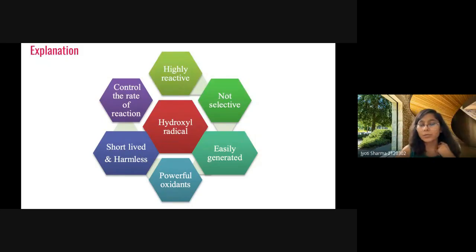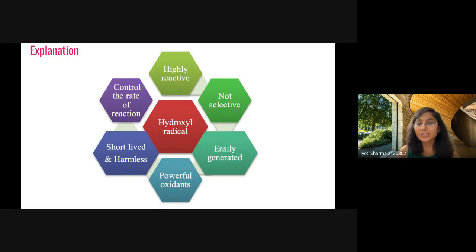So the thing is, why are we using this hydroxyl radical only? Why are we not using other different things? It is highly reactive. So whatever compound we have in the water can be degraded very fast using hydroxyl radical. It is not selective. It means hydroxyl radical can be used for the degradation of a variety, thousands of contaminants.